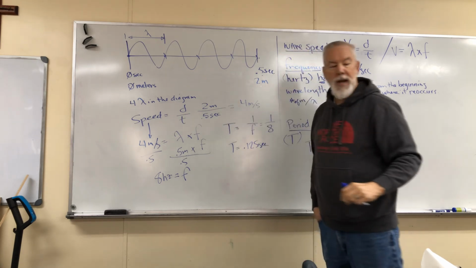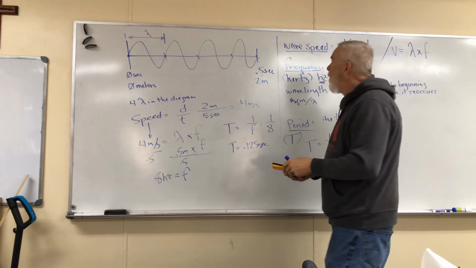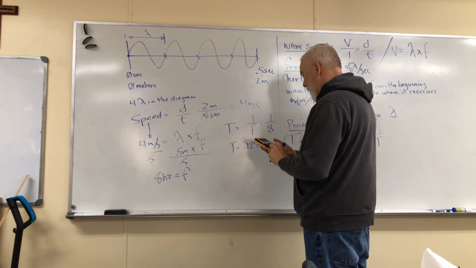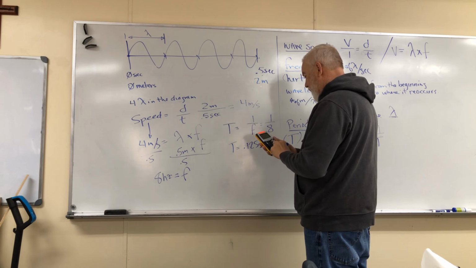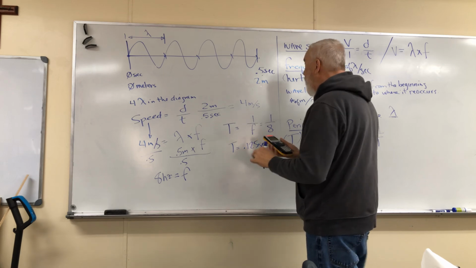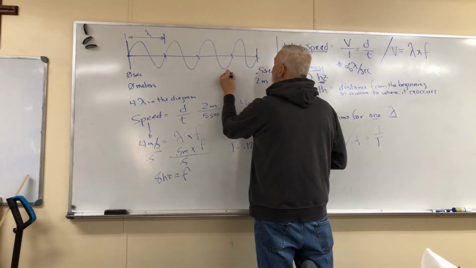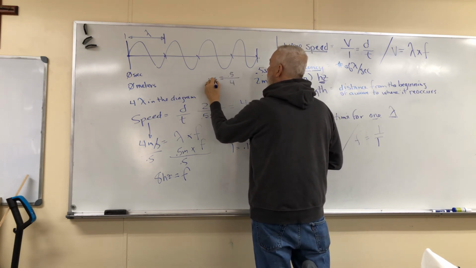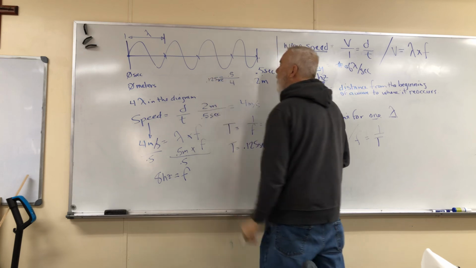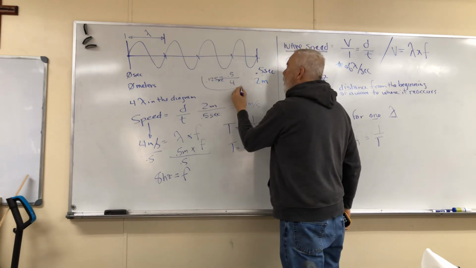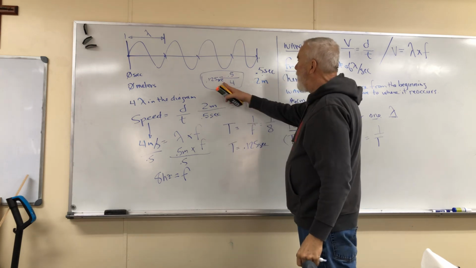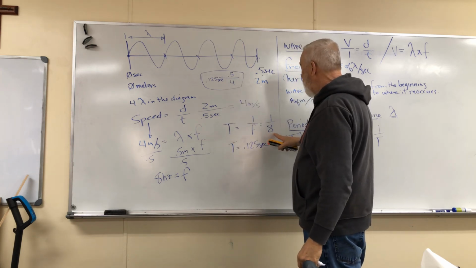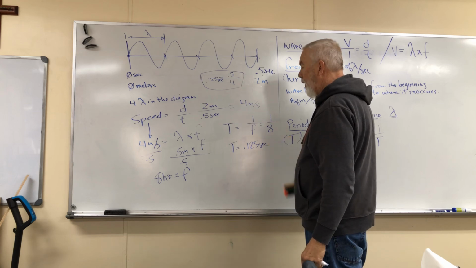Try it on your calculator: 0.5 divided by 4 equals 0.125 seconds. So I got 0.125 seconds solving it that way, and I also got 0.125 seconds solving it that way.